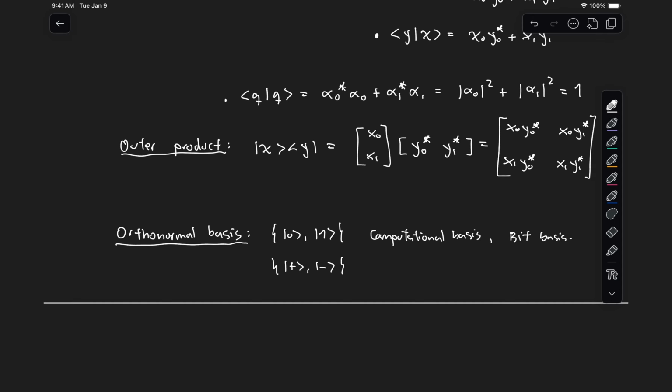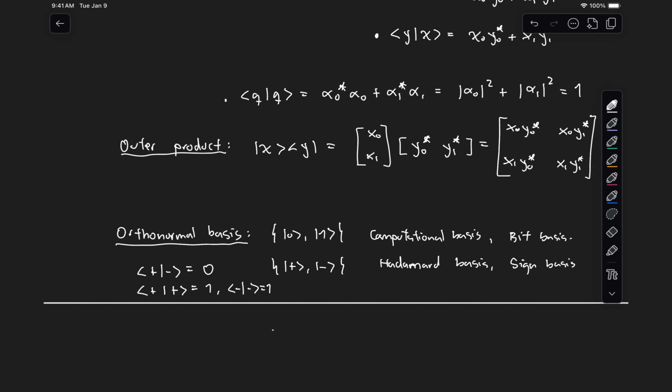And the reason these are orthonormal is because if we take the inner product between state plus and state minus, this is equal to 0, meaning that they're orthogonal to each other. And they're both normalized states. So if we take the inner product of state plus with itself, it's equal to 1, and state minus with itself is also equal to 1. And this is typically known as the Hadamard basis or the sign basis.